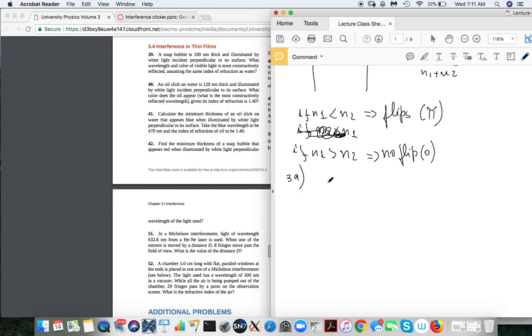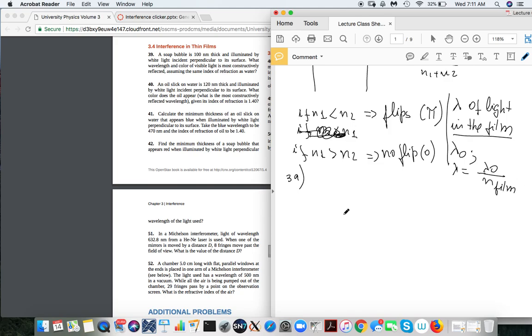Okay, so we have a soap bubble. That's the second thing you must remember: when you plug in any wavelength, this is the wavelength of light in the film, which means if lambda air is given, the lambda to be used is lambda in the air divided by the index of refraction of the film.